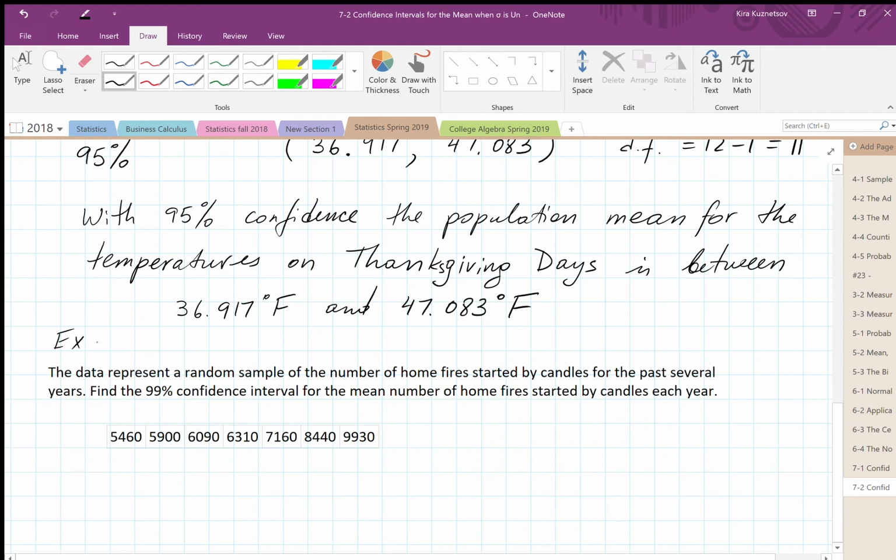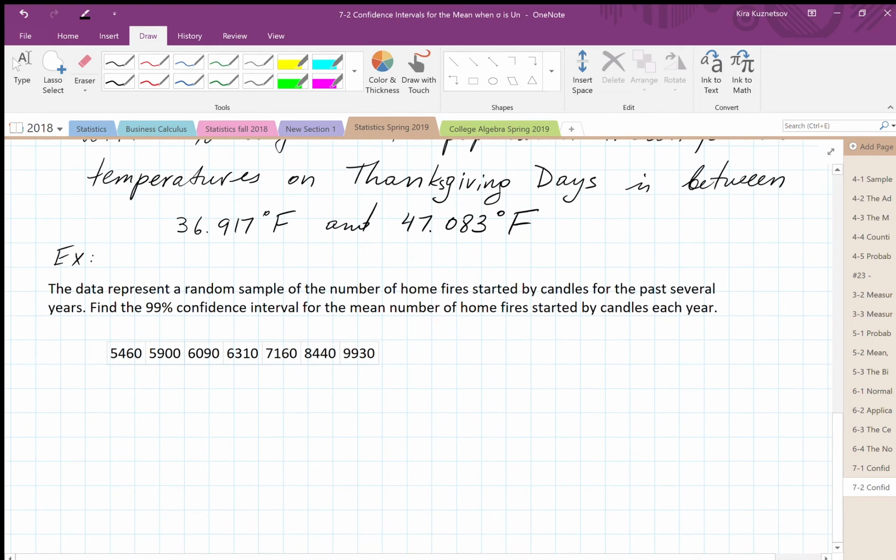that gives you similar information but using the data button instead of the stats button. The data represents a random sample of the number of home fires started by candles for the past several years. Find the 99% confidence interval for the mean number of home fires started by candles each year.